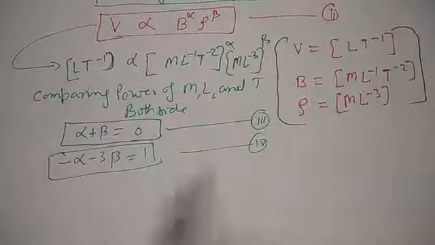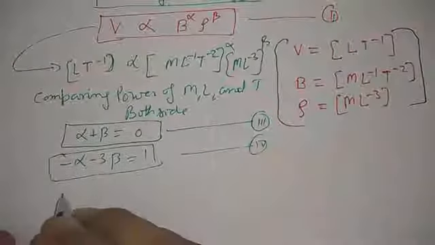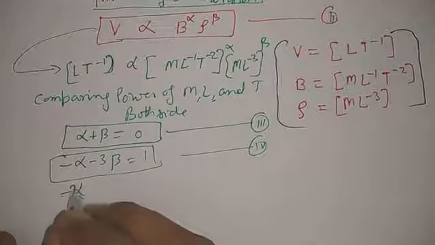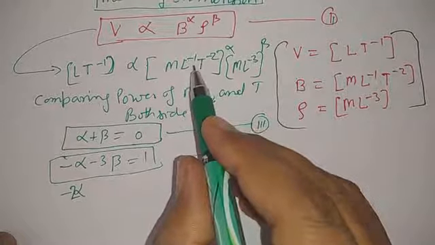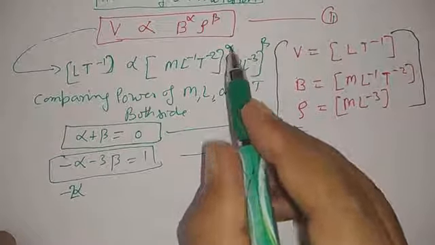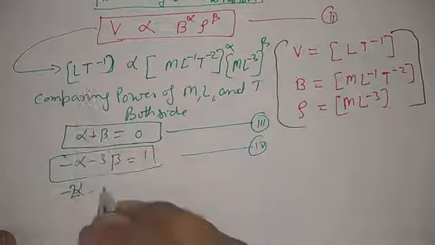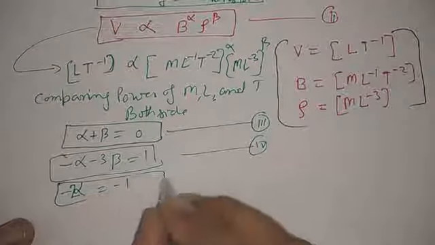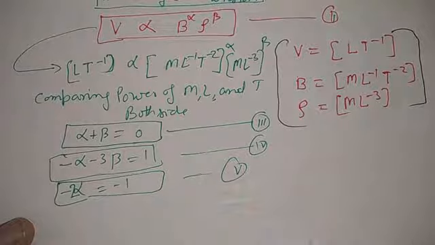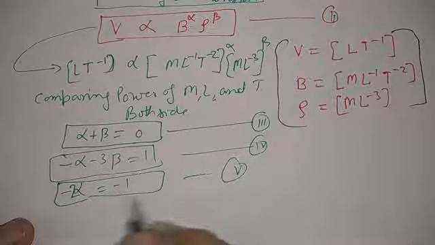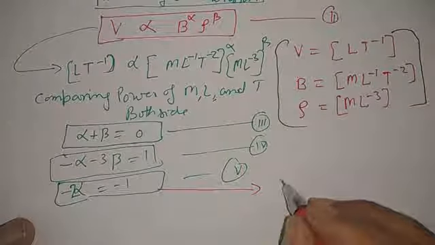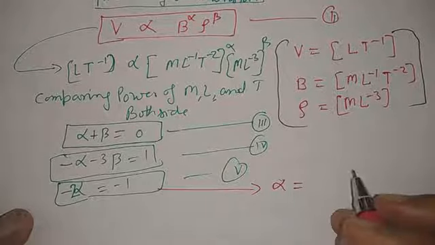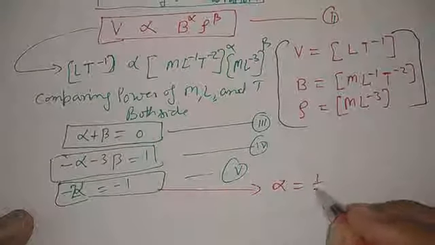And for time, T: minus 2 alpha is equal to minus 1. This is equation number 5. Now equation 5 gives alpha equal to 1 by 2.